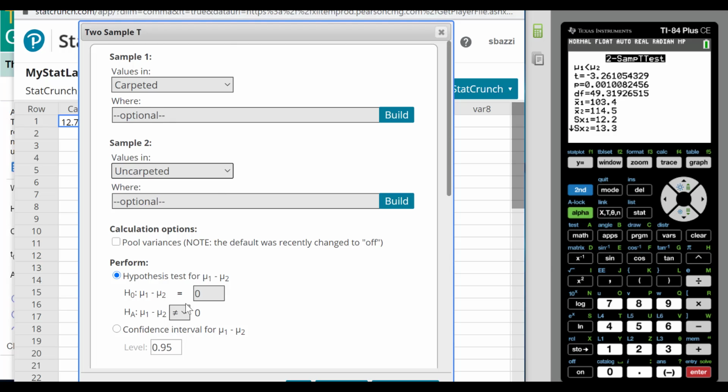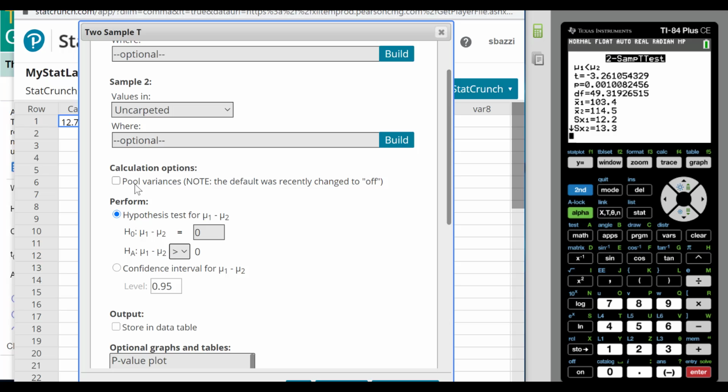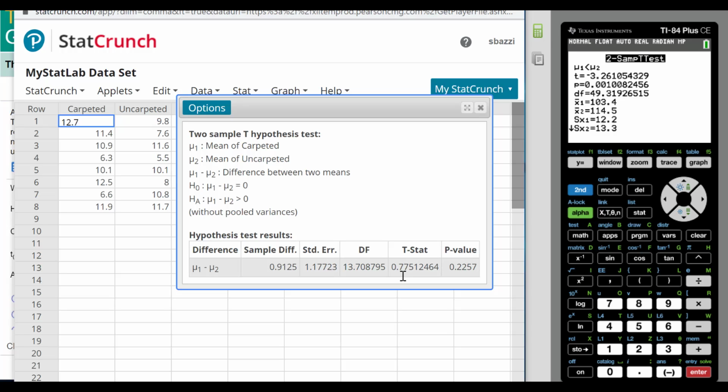So this is the sign, we're gonna select greater than, and that's it. Don't select the pool because he didn't say population variances are equal, so leave it unselected here and just hit compute. And here's the test statistic, guys, 0.775, and this is the p-value, 0.2257.